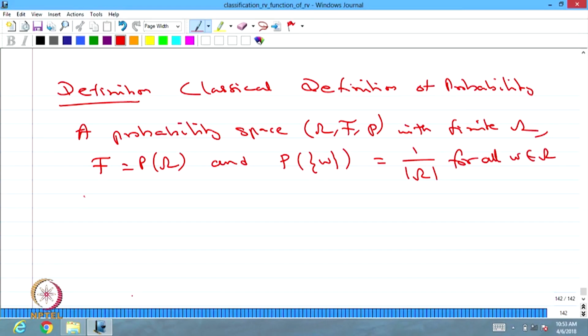That is called a classical probability space, because we are defining a probability space.